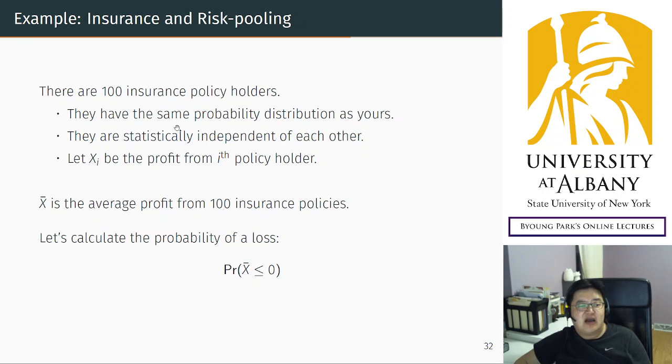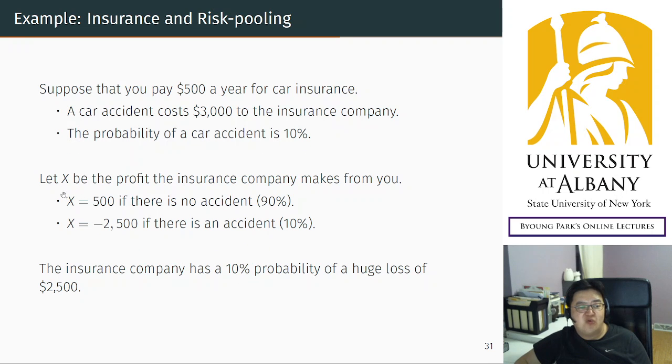And then I will define X_i as the profit from policyholder i, where i is from 1 to 100. And we defined profit this way: 500 with 90% minus 2,500 with 10%.